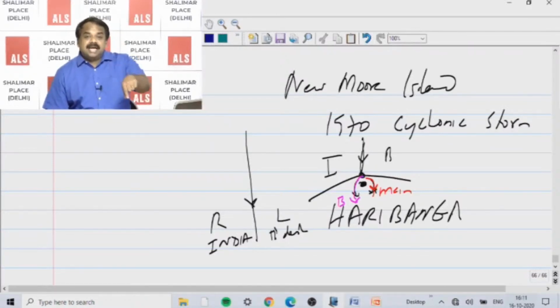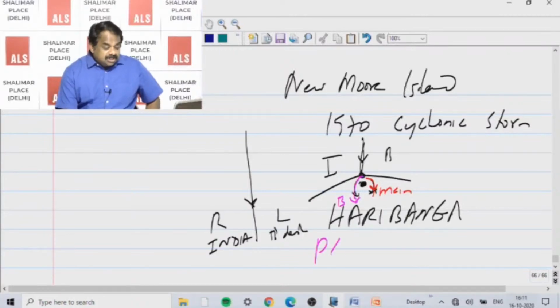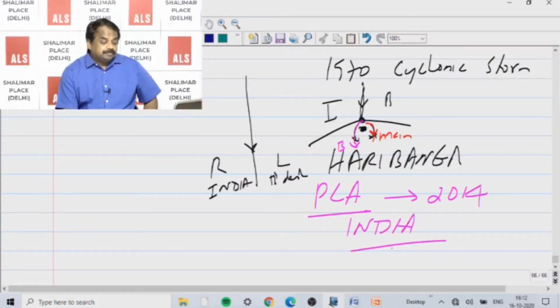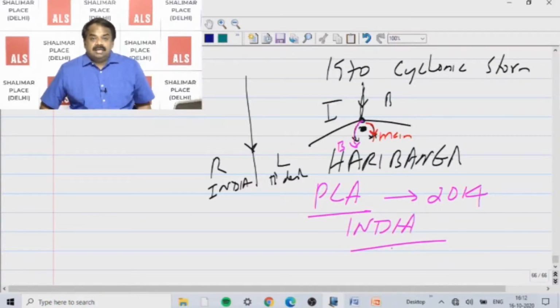So which is the main channel is the dispute. So we went to the PCA. The PCA gave a verdict in 2014. Permanent Court of Arbitration gave the verdict in favor of India. Luckily, they said the main channel is on the other side. Narrowly we escaped.